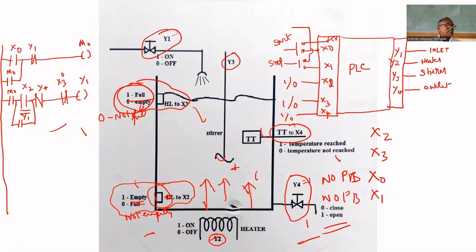What is the sequence of operation? The next sequence is we have to turn on the stirrer and heater. Both should be turned on. We have to write when we have to turn on the heater and the stirrer.